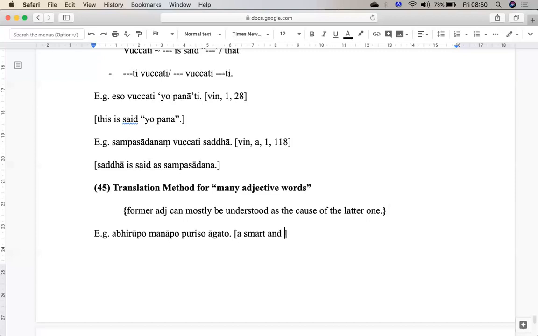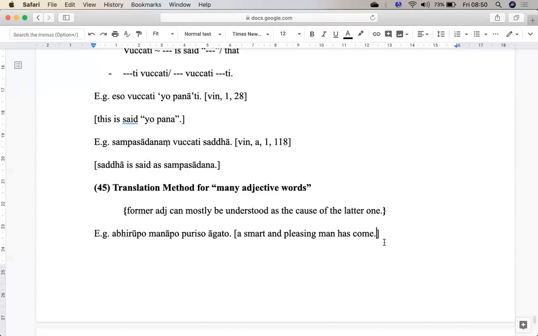Okay, smart. And manaba means pleasing. Has come. The meaning of this sentence: a smart and pleasing man has come.